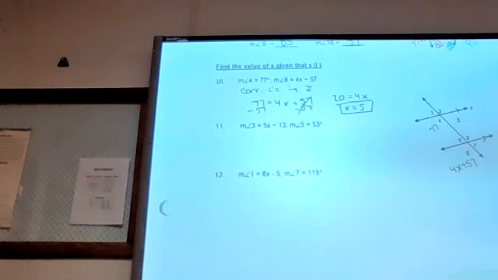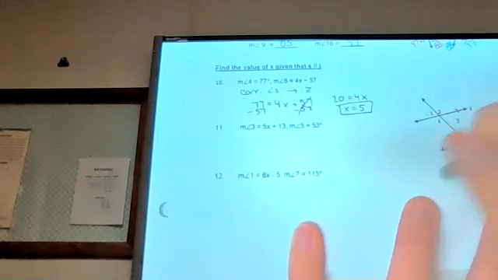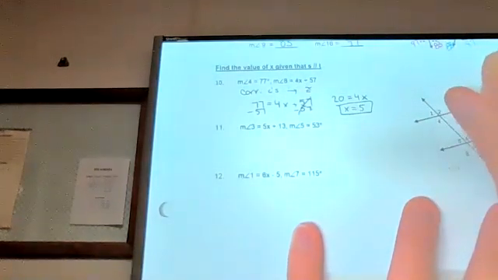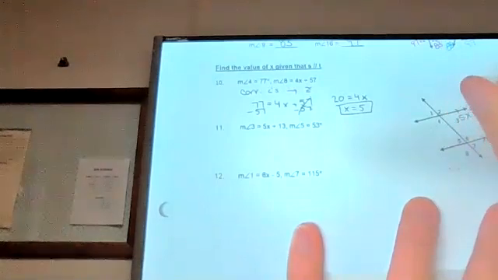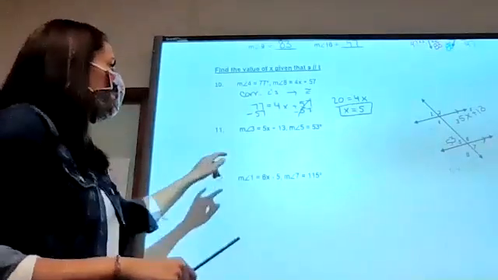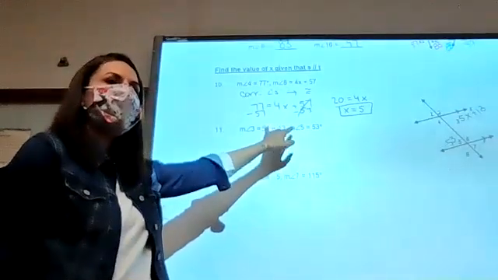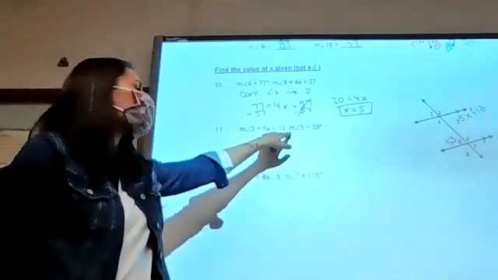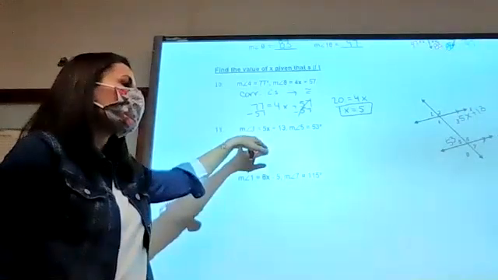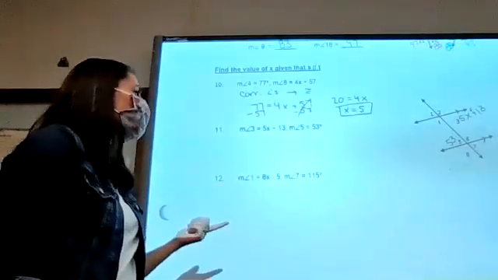Okay. Then it goes to 3 and 5. So it says if 3 is 5x plus 13 and 5 is 53. So first question, what's the relationship between 3 and 5? What type of angles are these? Alternate interior angles. What's true about alternate interior angles? Are they congruent or supplementary? Congruent.